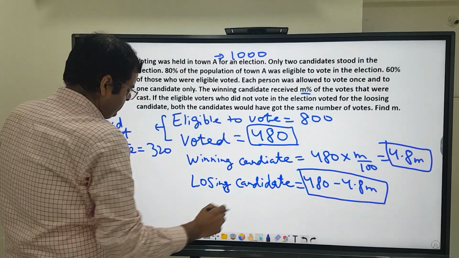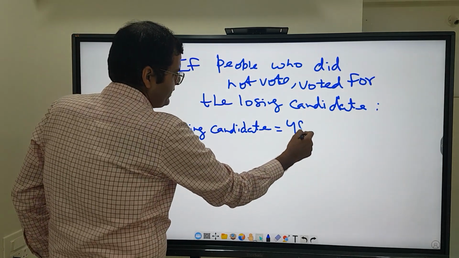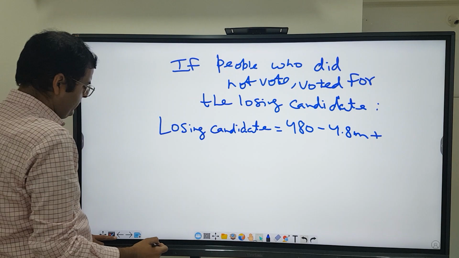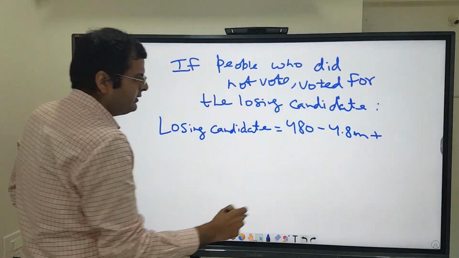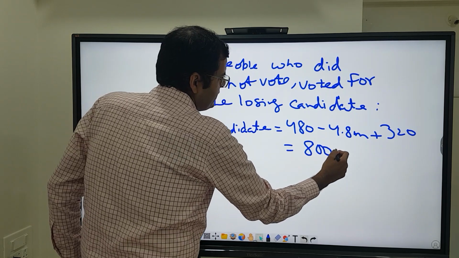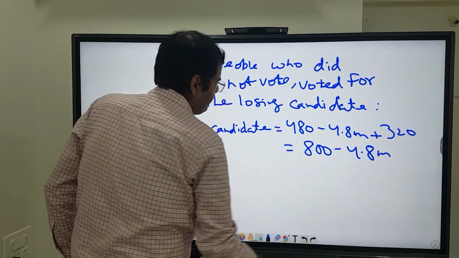So 480 minus 4.8 M was the vote he got initially, plus the votes of those people who did not vote, which is 320. So 480 plus 320 is how much? 800. So 800 minus 4.8 M.